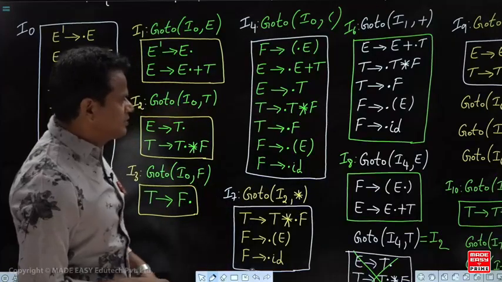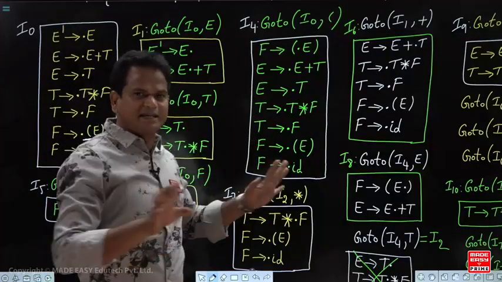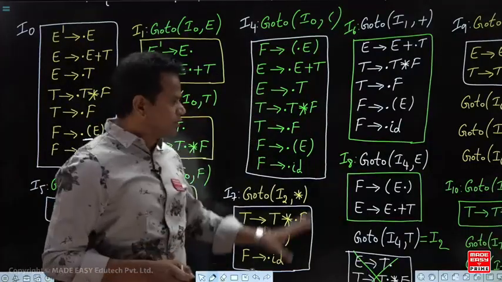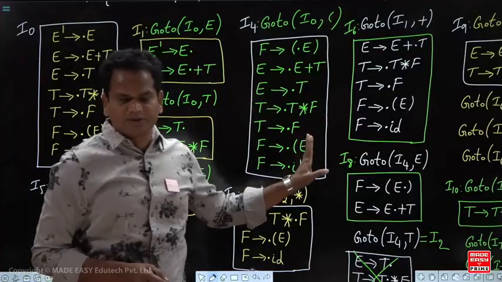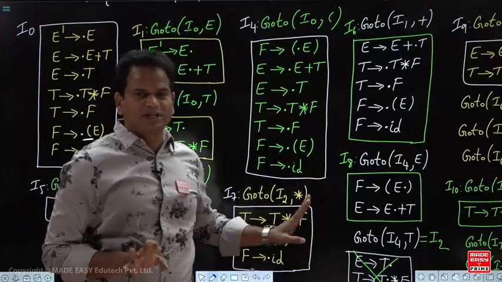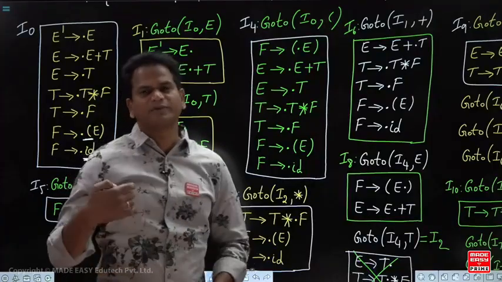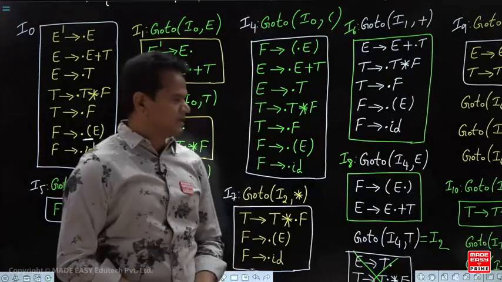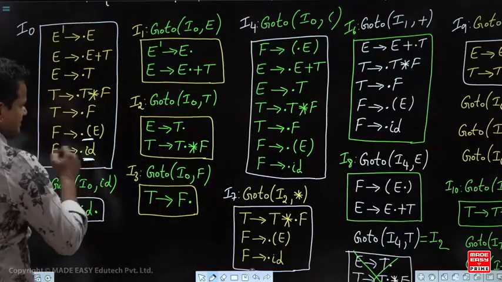Initially you might have felt that it is very tough because it is lengthy, but after knowing the procedure, almost every one of you has constructed all the states. If you know the procedure, it is easy. Initially it will take some time to explain, because I cannot make it fast, it is very important.